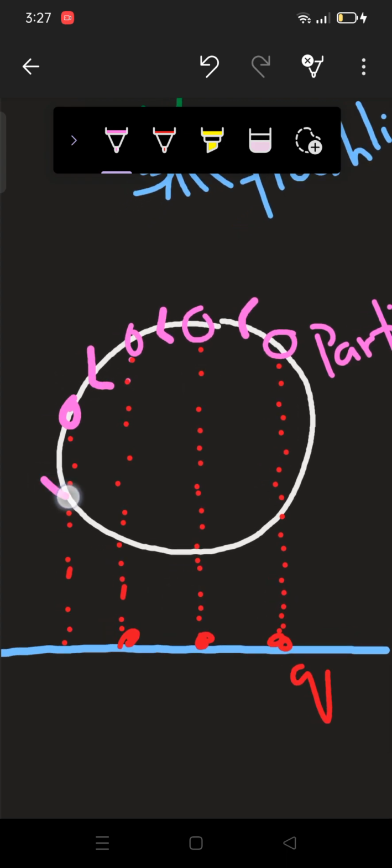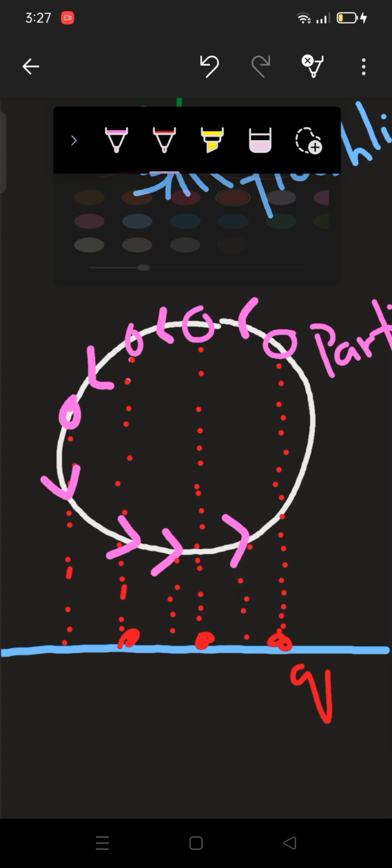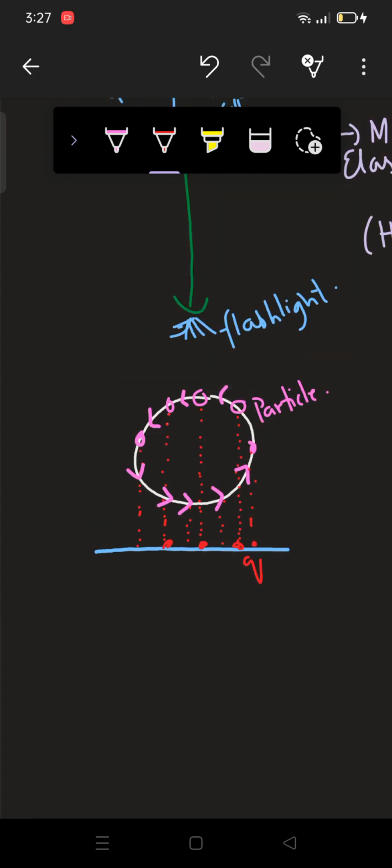It will go here, it will go here, which means its projection would be here. It will go here, and again it will come here, its projection would be here, right? So this motion would be continued.